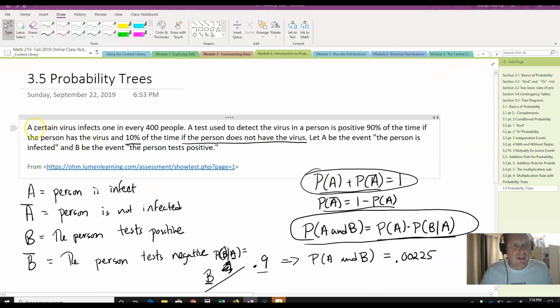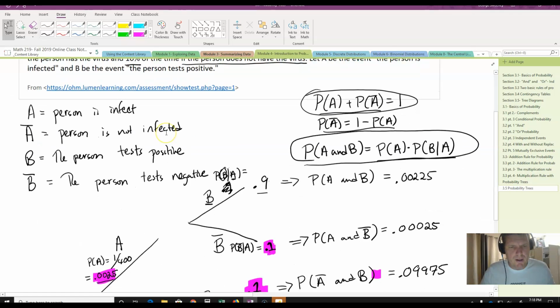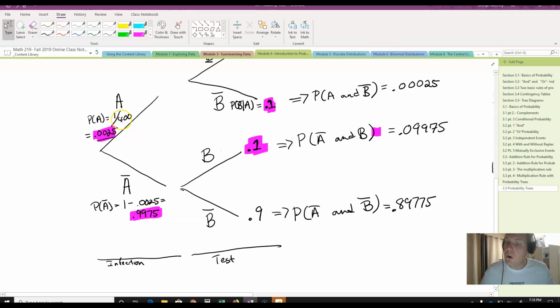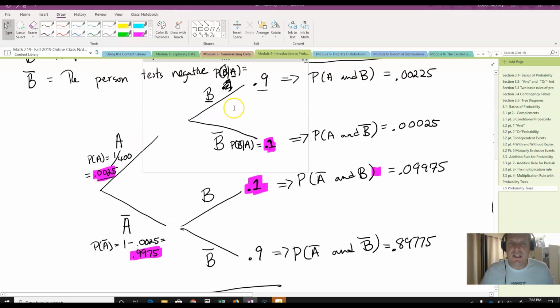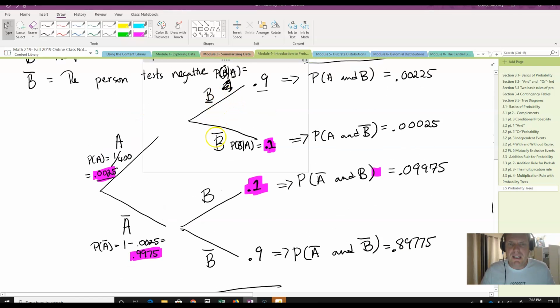Notice that in my question, that person being infected has no condition on it. It's not if the person tests positive or if the person does not test positive. That's really important, and that's what sets it up as the first branch. The second set of branches both have conditions on them. B and not B are on the condition that somebody has the virus in this case, and these B and not B are on the condition that somebody does not have the virus.